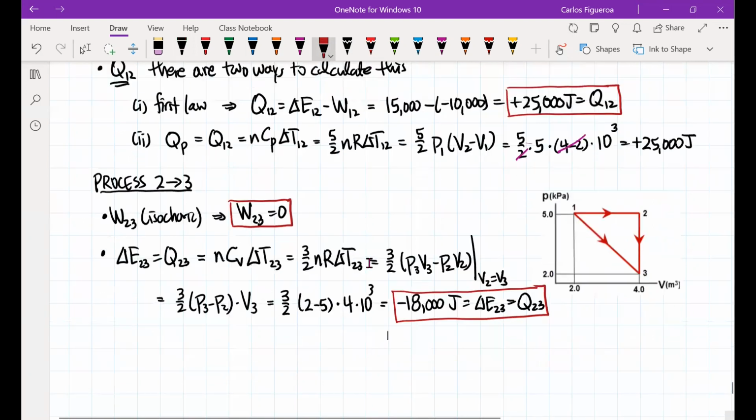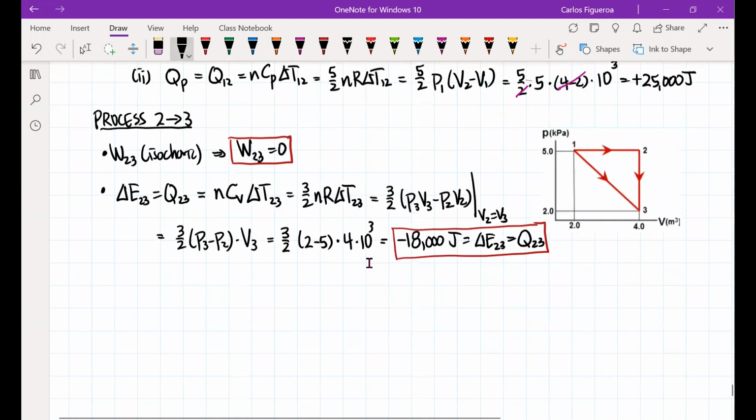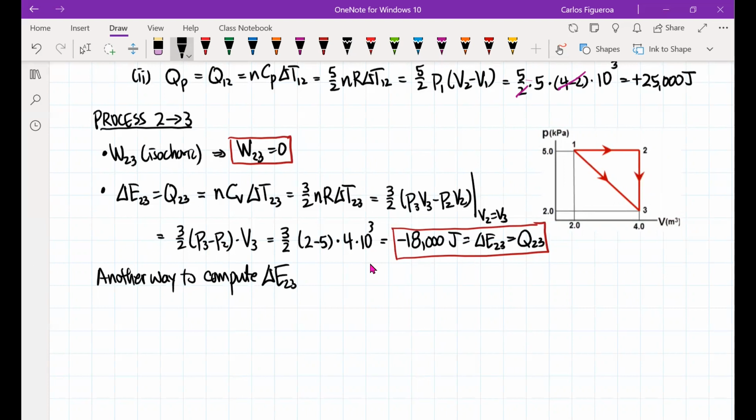You know, there's another way that we could look at this. Another way to compute the change in internal energy from 2 to 3 is this: the change in internal energy for the full cycle has to be 0.